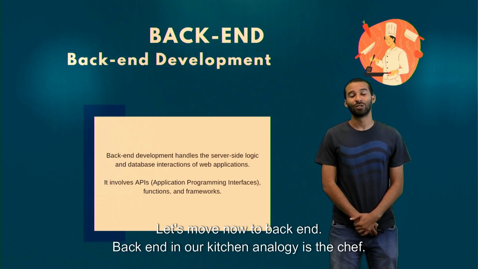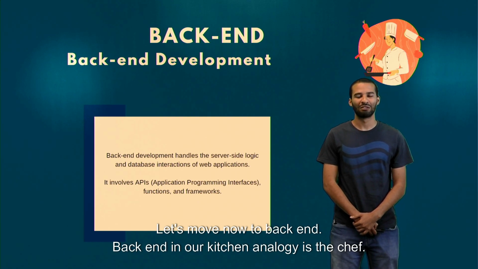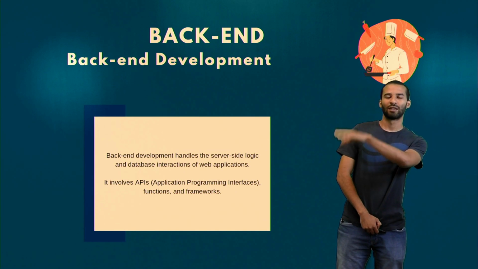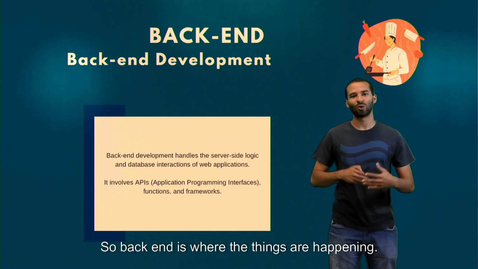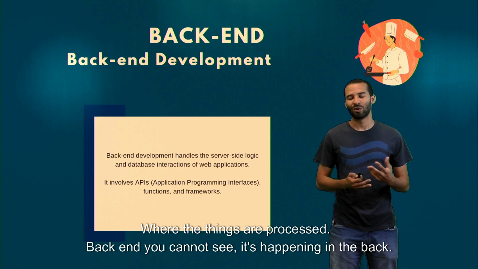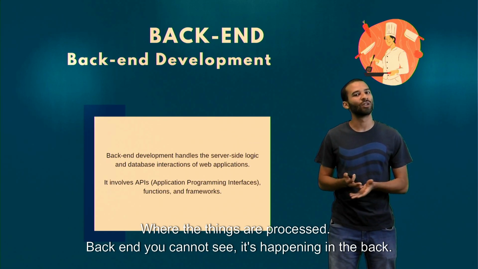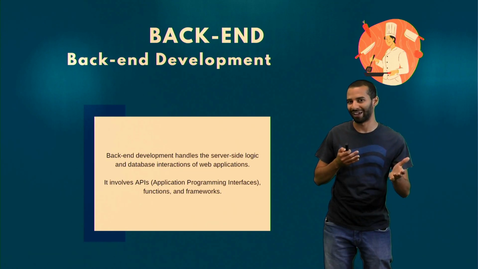Let's move now to backend. Backend, in our kitchen analogy, is the chef. So backend is where things are happening, where things are processed. Backend you cannot see, it's happening in the back.